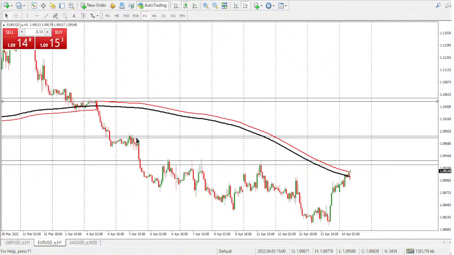There is nothing much on Euro USD, except for the sell we are waiting for here, or somewhere here, or somewhere there. Let's see if there's any shape which formed. We have that. We have that.